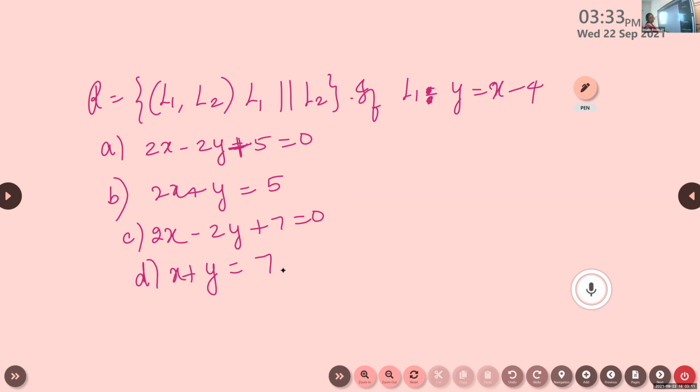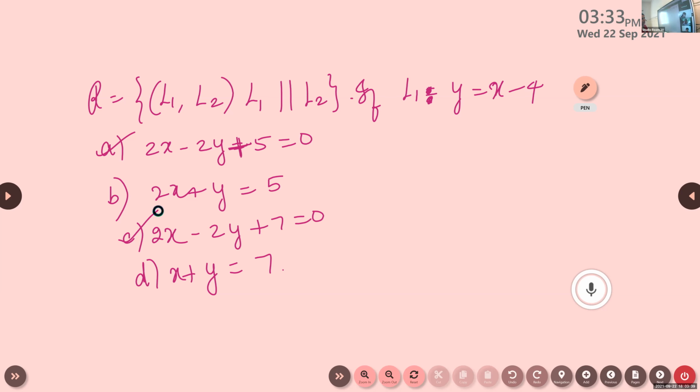You give the answer. A and C, both are possible here.